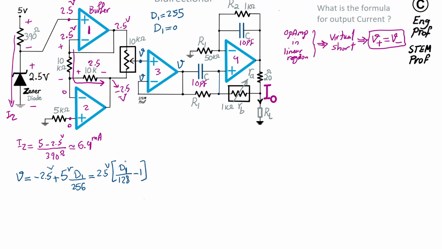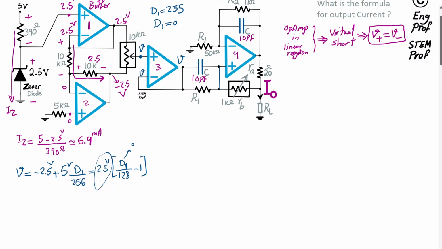As you can see, in this formula, when D1 is 0, we get negative 2.5 volts because there's a negative 1. And when D1 is 255, we get roughly plus 2.5, exactly as we expect. So let's refer to this as equation 1. Basically, the equation that defines the voltage V as a function of the code word D1 for this potentiometer.